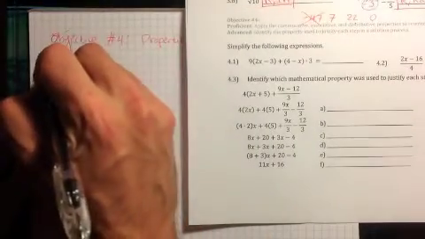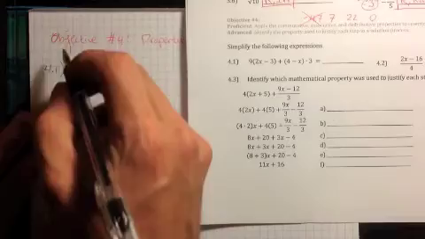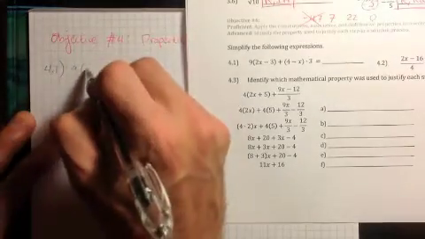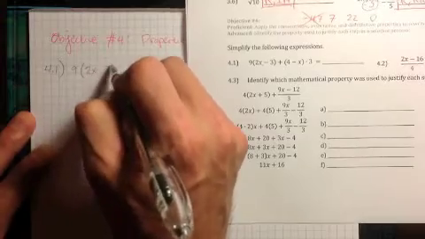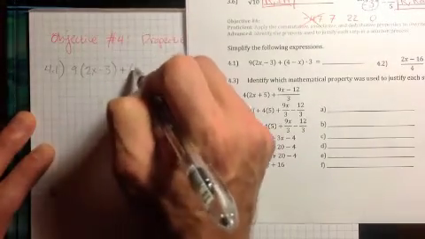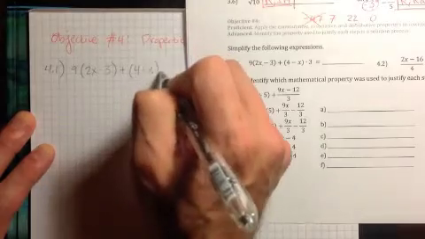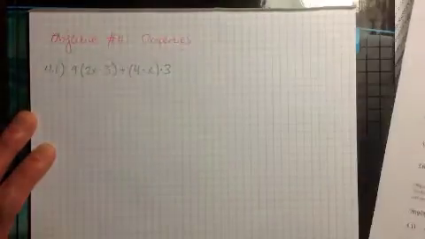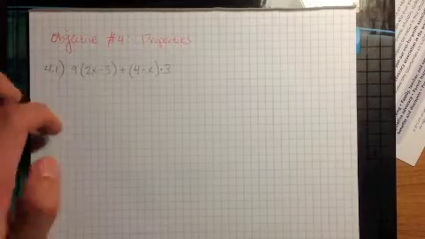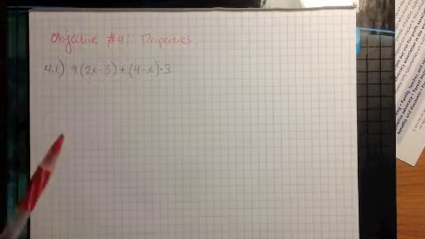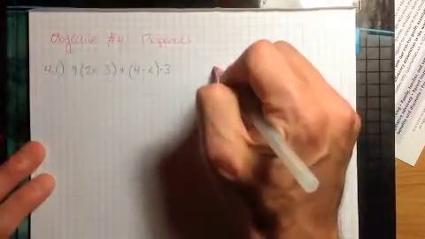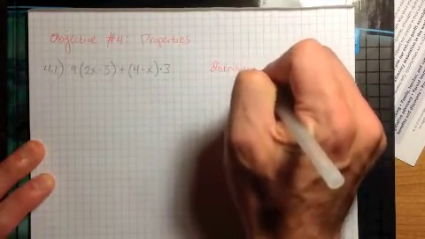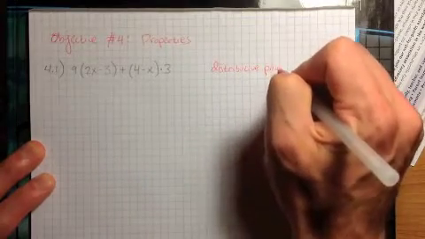4.1 asks us to simplify this algebraic expression: 9 times, in parentheses, 2x minus 3, plus, in parentheses, 4 minus x times 3. To simplify this expression, we need to apply the distributive property. We need to apply it twice, actually.